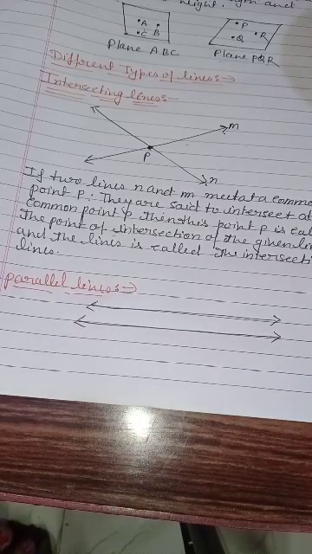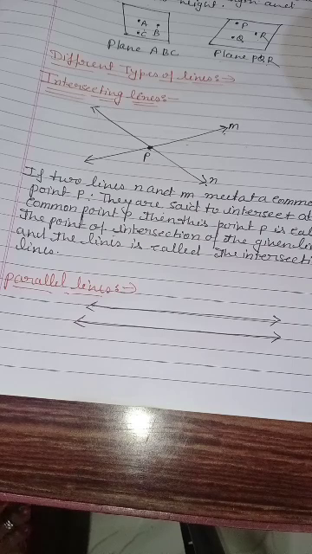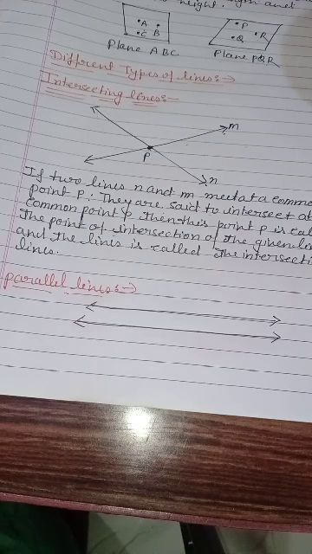So if you extend them, further also they will not meet anywhere. These kinds of lines are called parallel lines. So what is the definition of parallel lines? If we draw lines such that they will not meet anywhere, means they will not have any common point, then these kinds of lines are called parallel lines.